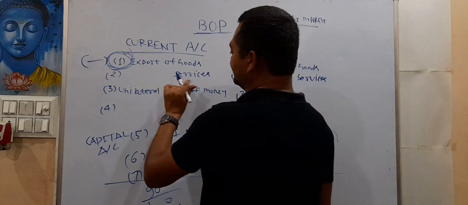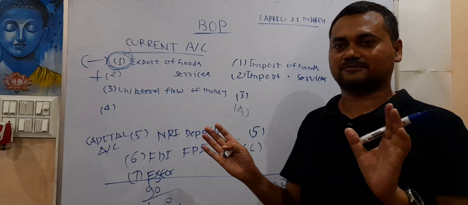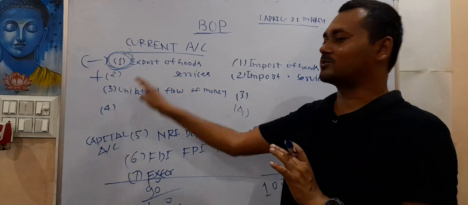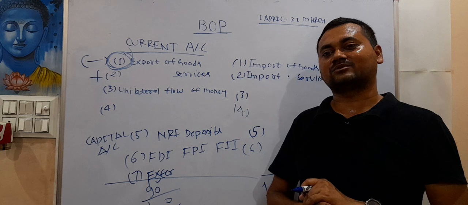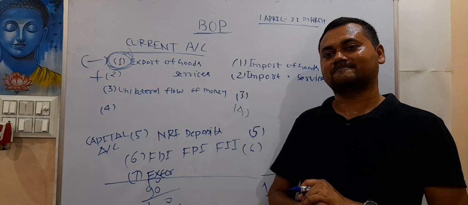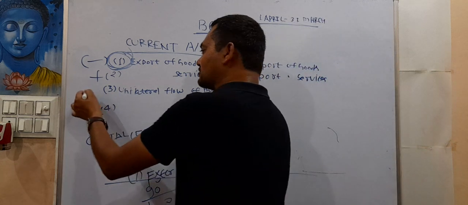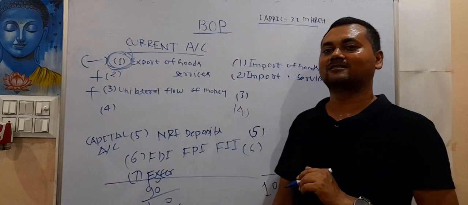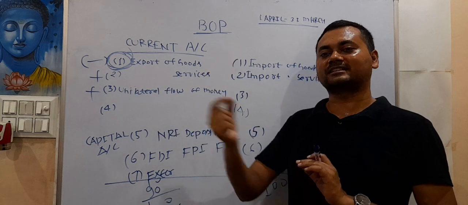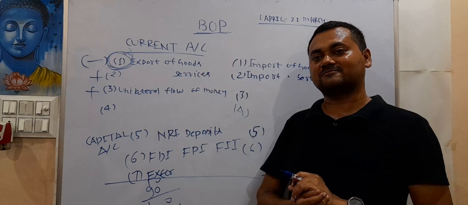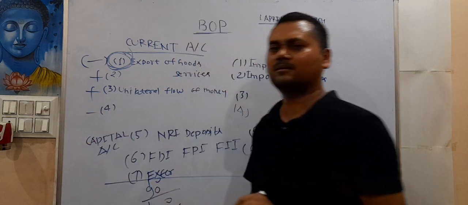The second thing is we are in the positive because we provide more services than we get from other countries. And the third one is also in profit, as I have told you, India is the top country in terms of remittance. In the fourth one, we are in negative.